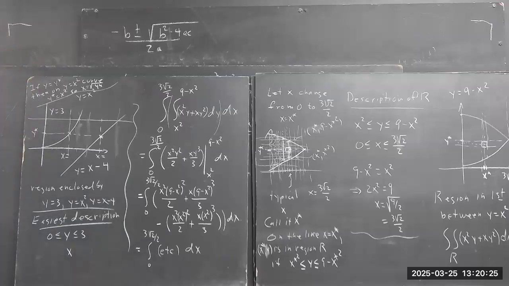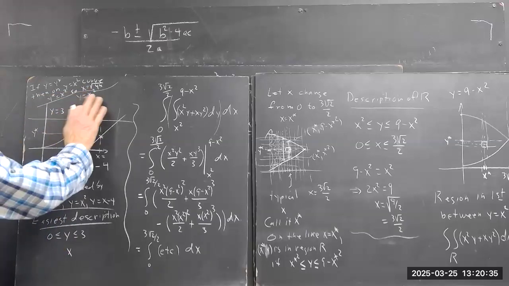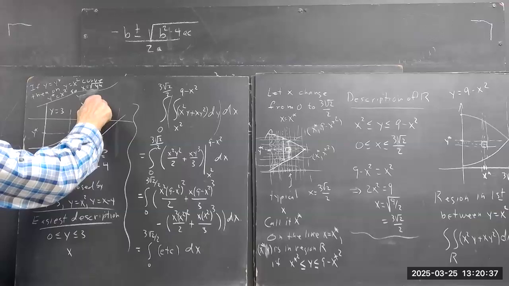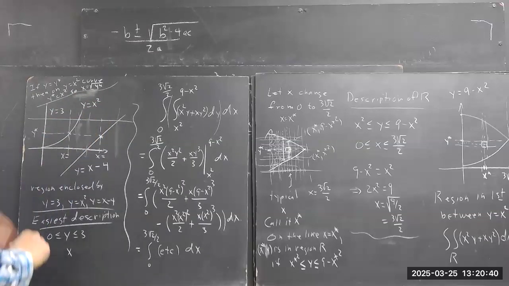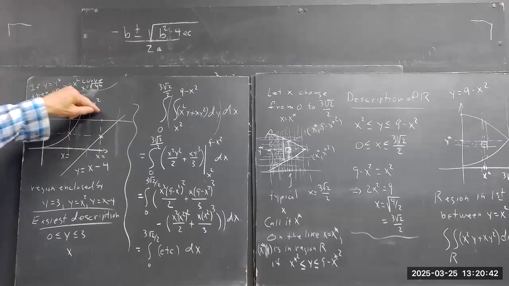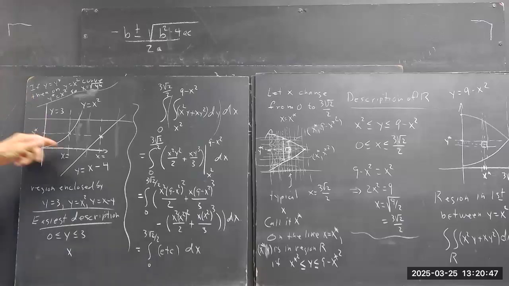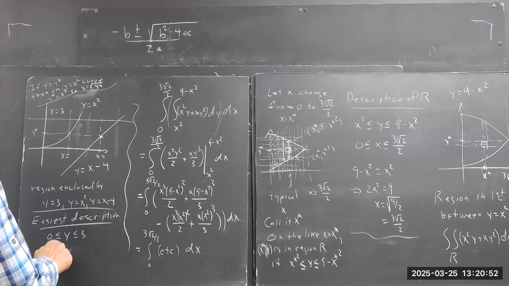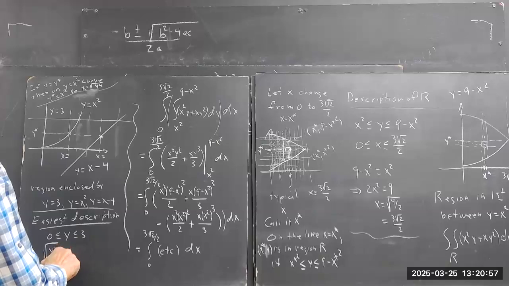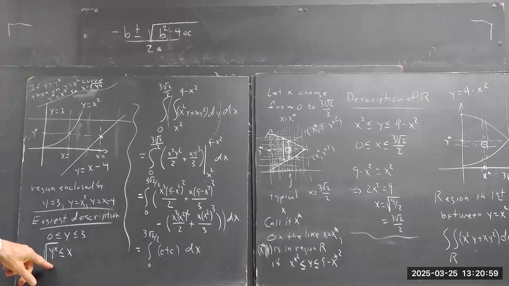I wrote that pretty small. But we're just saying, y coordinate is y star and y equals x squared. So y star equals x squared at this point. So we solve for x and you get the square root of y star. So this region starts when we hit x equals the square root of y star.